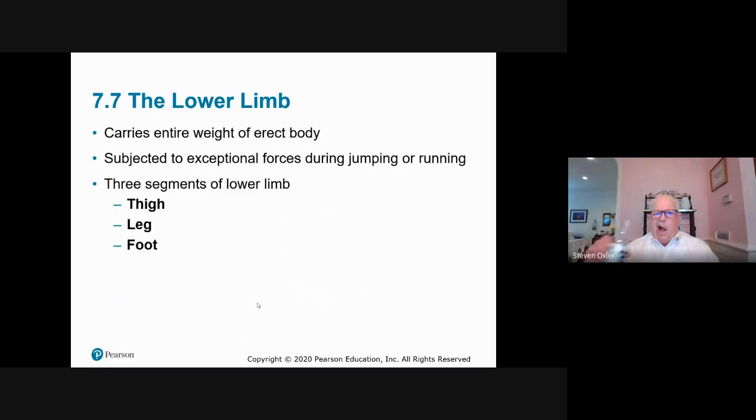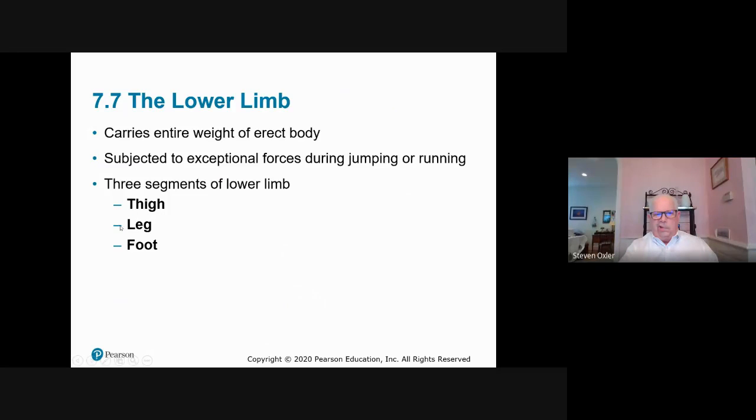So we'll now drop into the lower limb. The lower limb carries the entire weight of your body when you're standing. It is subject to many forces, running and jumping. It has three segments. The upper portion is the thigh.